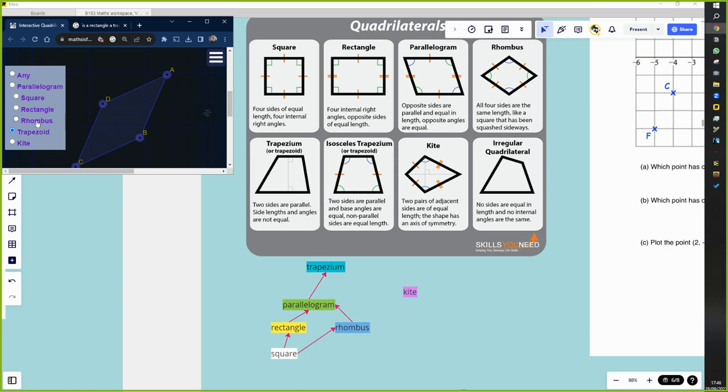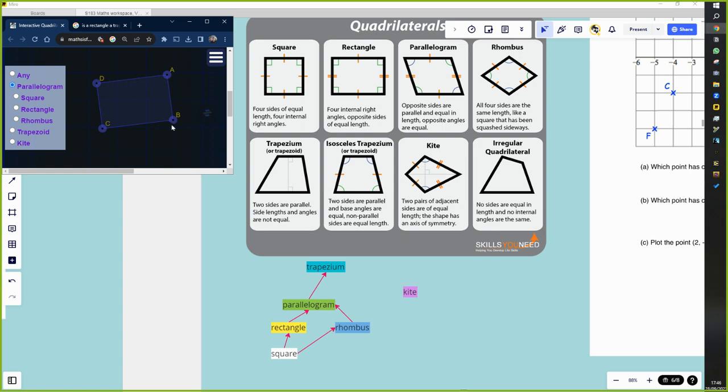That means that a rhombus must be a trapezium. If we go to a rectangle and click on trapezoid, it doesn't change again. That's because a rectangle is also a trapezium. It has to be a trapezium because it's a parallelogram, and parallelograms are trapeziums.